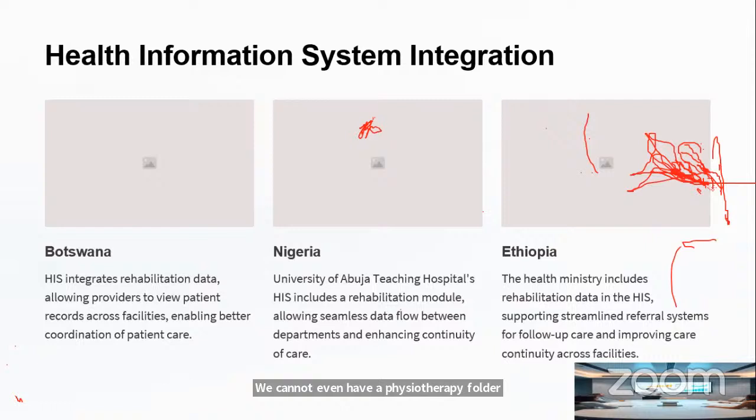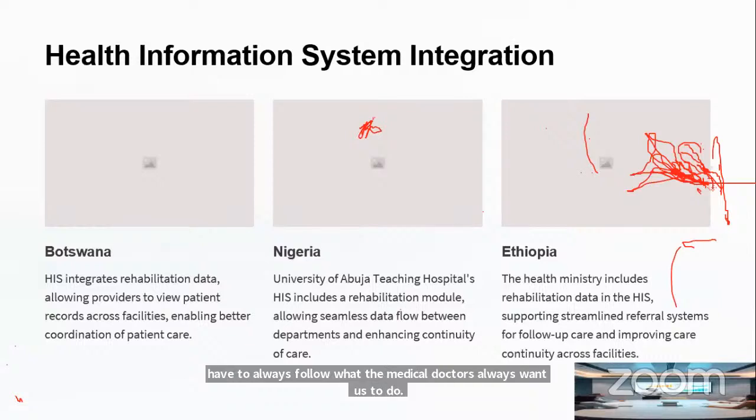So what I want to ask Prof is, can't we have legal backing or legislative backing, in such a way that we can have a protocol or our own procedure of getting information from patients? Not necessarily that we have to always follow what the medical doctors want us to do. Okay, that's a good observation, I mean, question and concern.